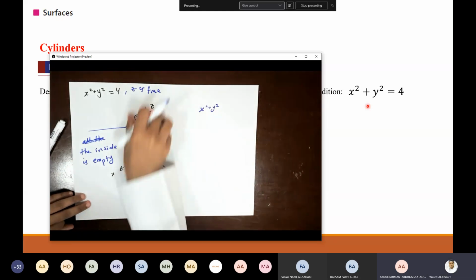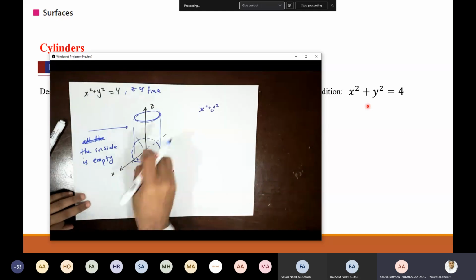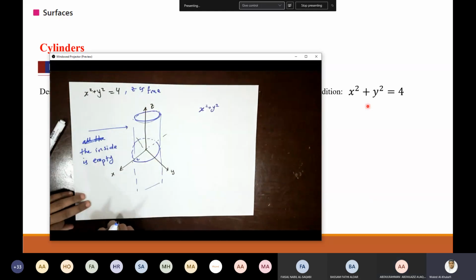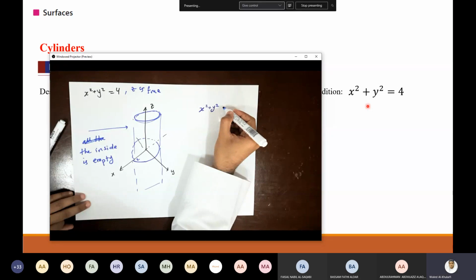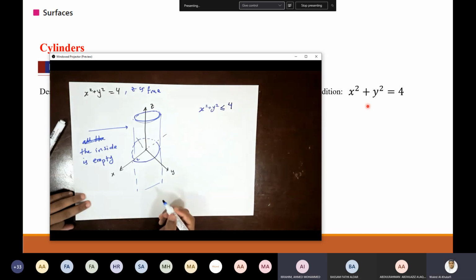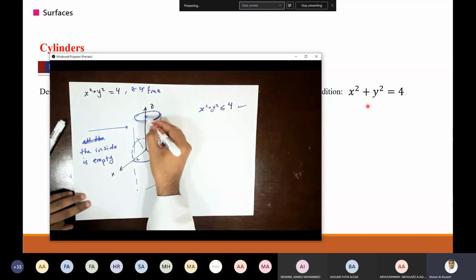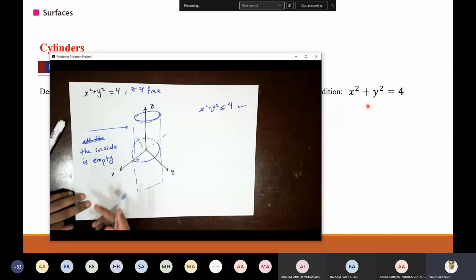No, I'm talking about infinite, up and down, but I want the inner points included. Ibrahim, yes. Bigger or equal to 4? Less than or equal to 4. Very good. So this is how we include the inner points, and how we include an infinite solid here.